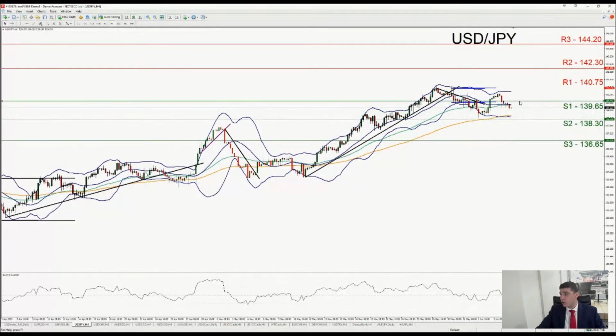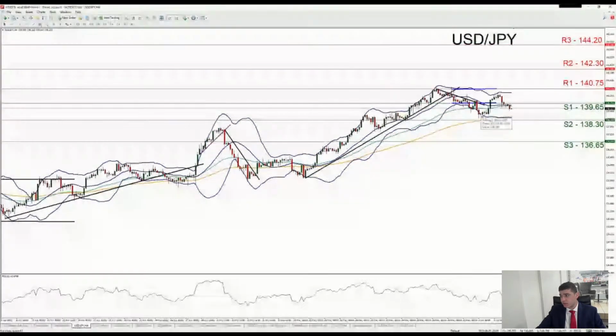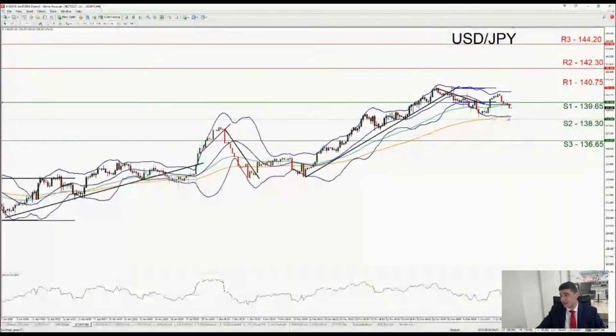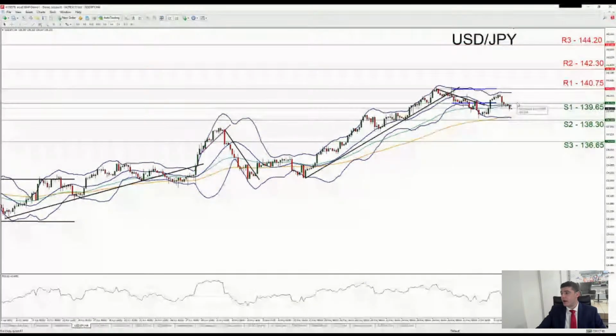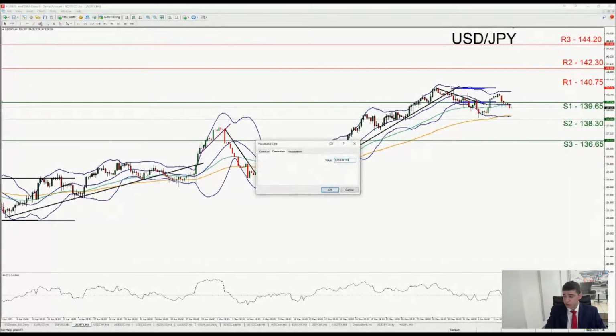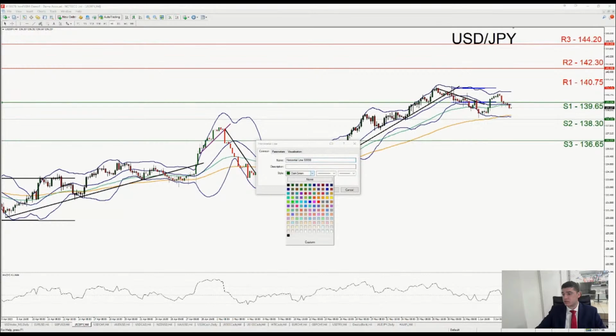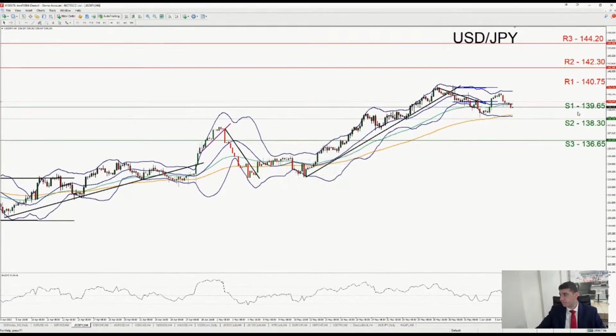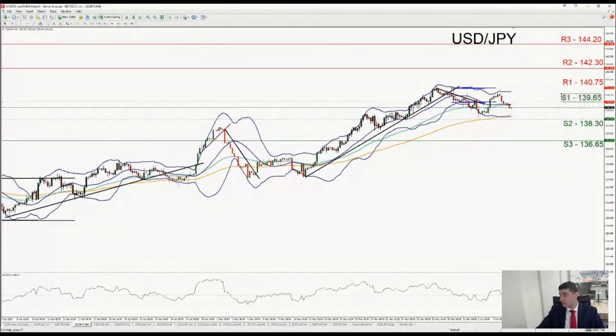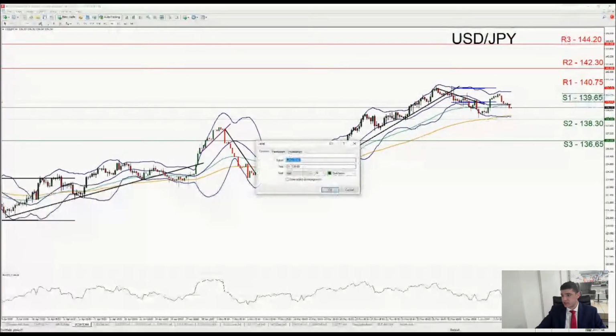However, having broken below our sideways moving channel on one occasion and the second here, we now hold a bearish outlook. So S1, well, prior support at S1, 139.65, will now turn to resistance. So this now is support turned resistance.